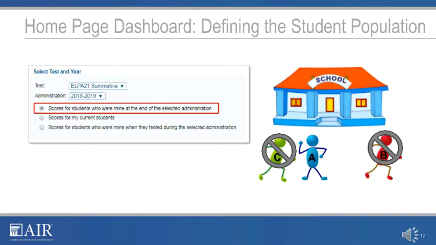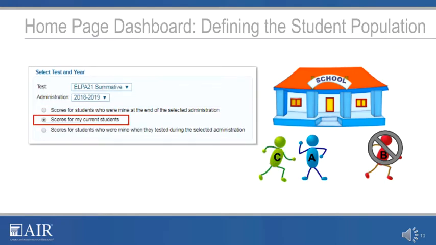This option helps you answer the question, how did my students from last year perform on the test, including students who took the test at another school? Selecting the second radio button will also exclude Student B's score, but it will include Student C, who is currently associated with you.